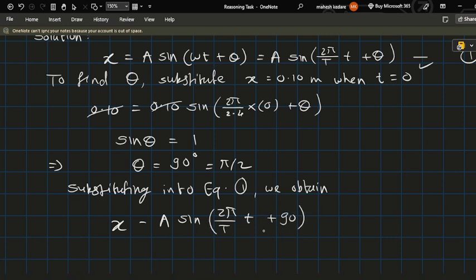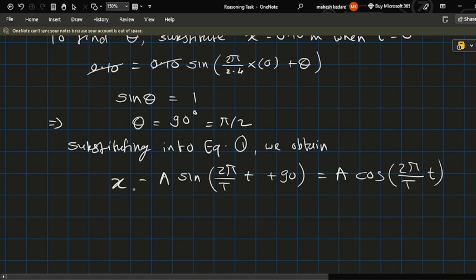But sine of 90 plus some angle equals cos of that angle. We can write it as a cos 2 pi by T t. So finally we have x equal to a cos 2 pi by T t.